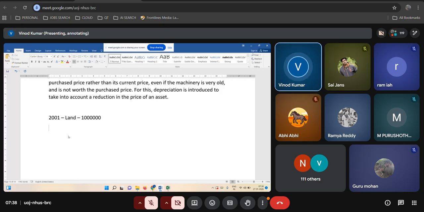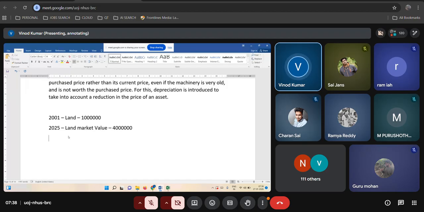Today, in 2025, the land's market value might be 25 lakhs or 40 lakhs, whatever it might be. Say 40 lakhs. The cost concept says that we need to show the original cost we purchased at. The value recorded in the books is 10 lakhs, not 40 lakhs. That is called the cost concept.